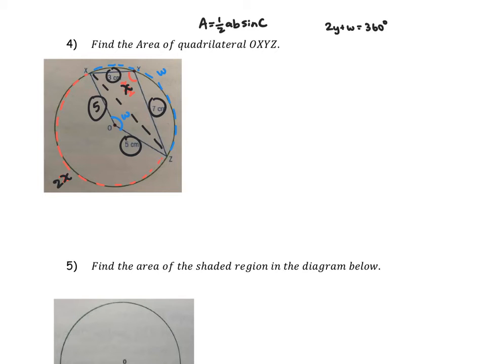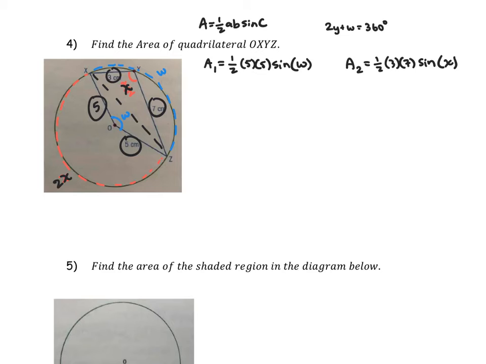So I would have, let's call it area 1, would be 1/2 times 5 times 5 times the sine of what I'm going to call angle W. And the second area would equal 1/2 times 3 times 7 times the sine of that angle measure, which I'm calling x, I suppose.